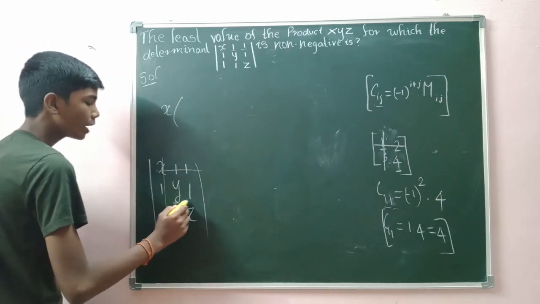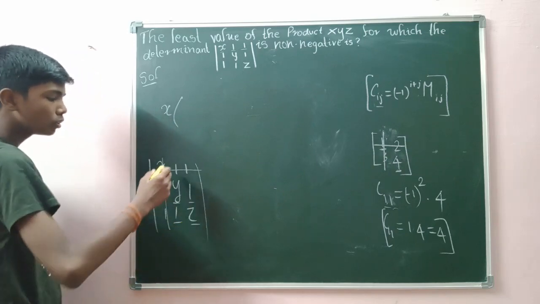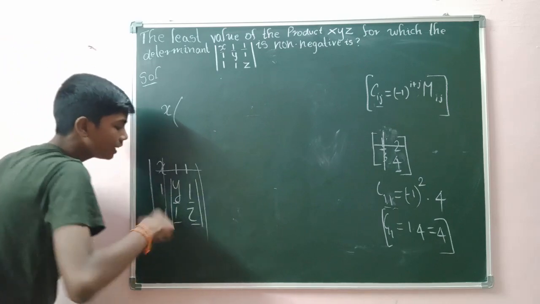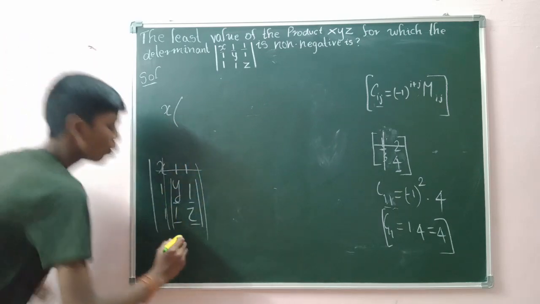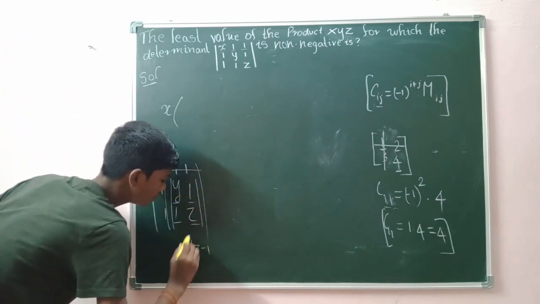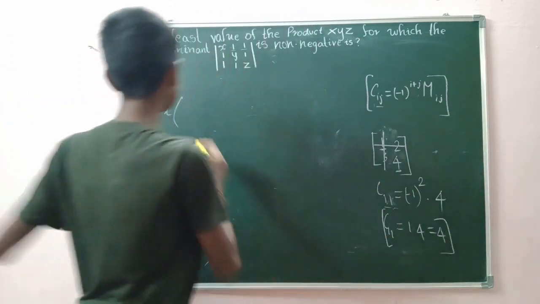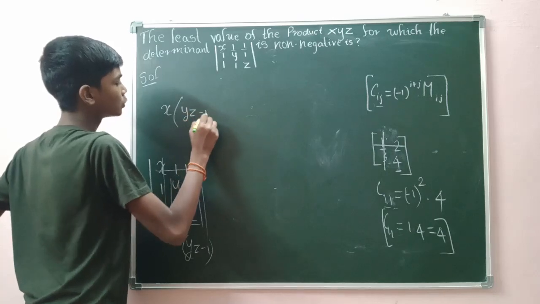Therefore, I will be left with y, 1, 1, z. So how can you find the determinant for this? You already know how to find the determinant of a 2 by 2 matrix. It will be yz minus 1. So I'll get x into (yz minus 1).